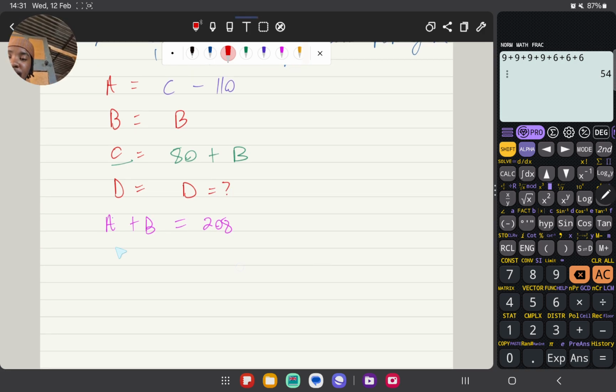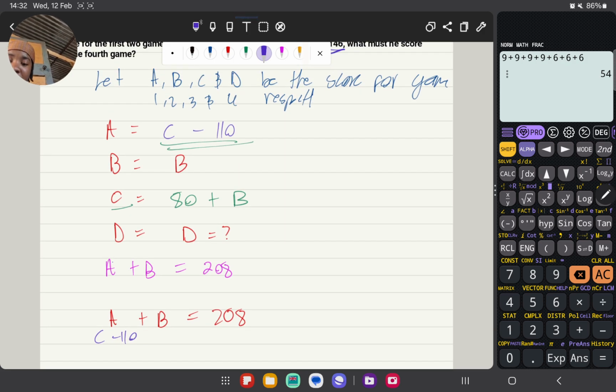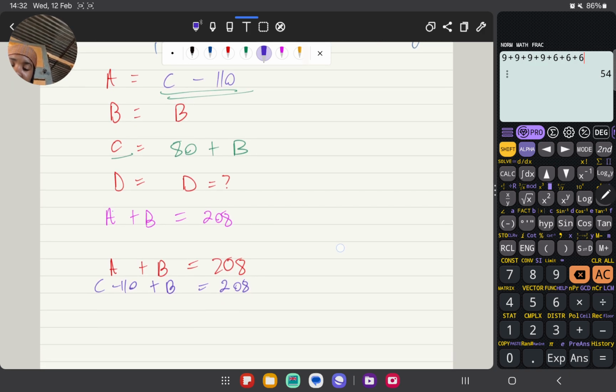Cool stuff. So now I'm gonna take A plus B, which equals 208. Since I know that my A is equal to this guy, I'm gonna substitute just that. I will say C minus 110. Look, this is A, which is just C minus 110, and then plus B equals 208.